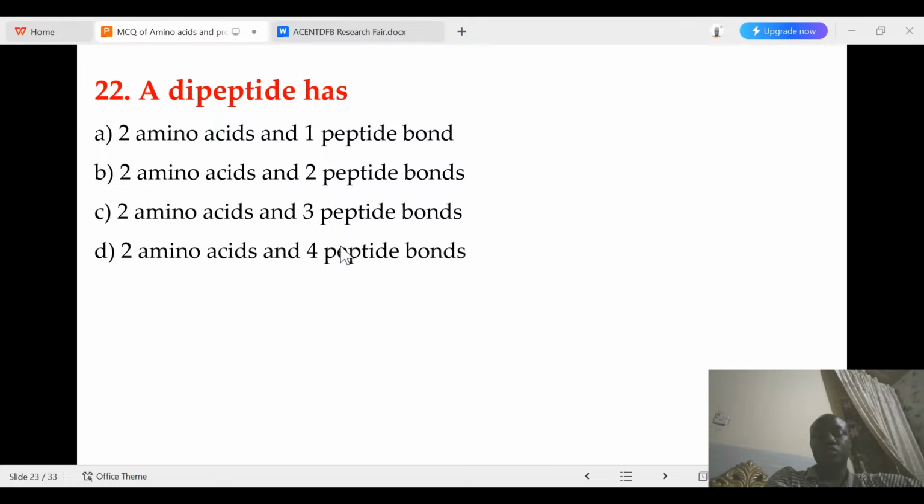So for question 22, the answer is A. Dipeptide means two amino acids, one peptide bond. Tripeptide means three amino acids, two peptide bonds. Tetrapeptide means four amino acids, three peptide bonds. So you should understand that. A dipeptide contains two amino acids and one peptide bond, so the answer is option A.